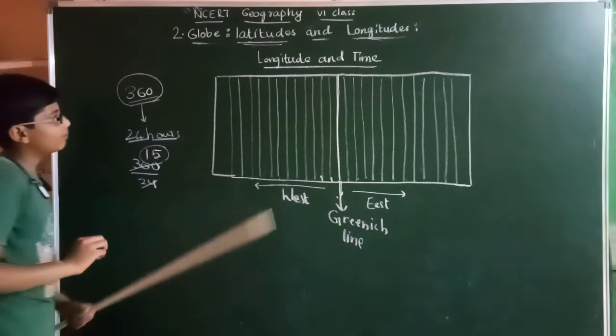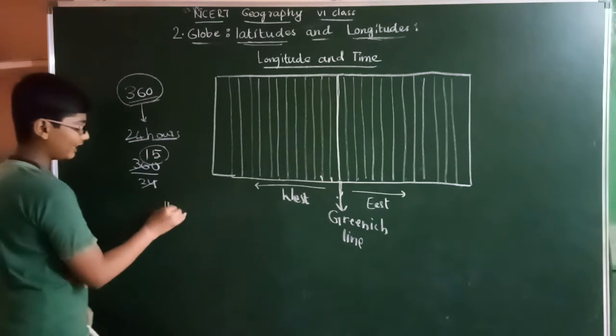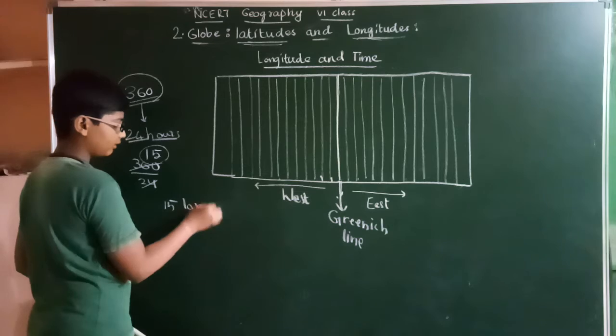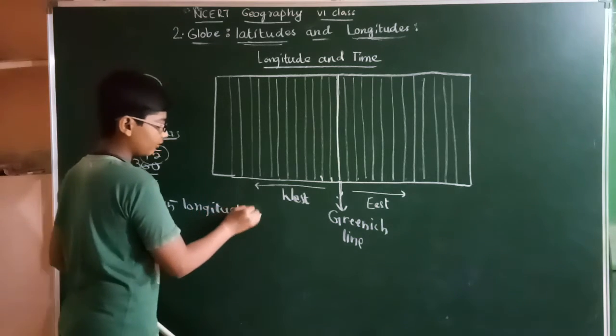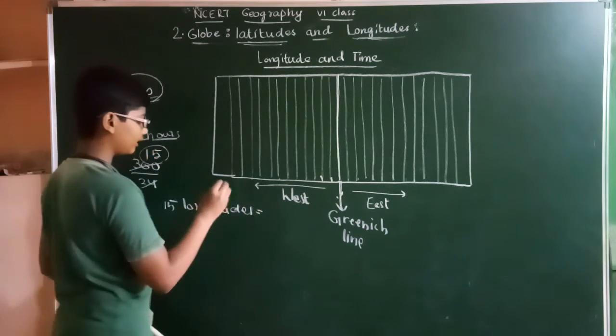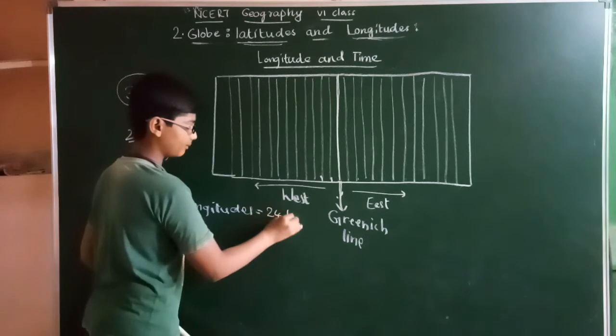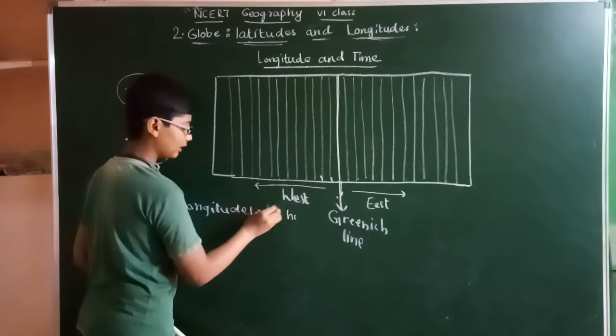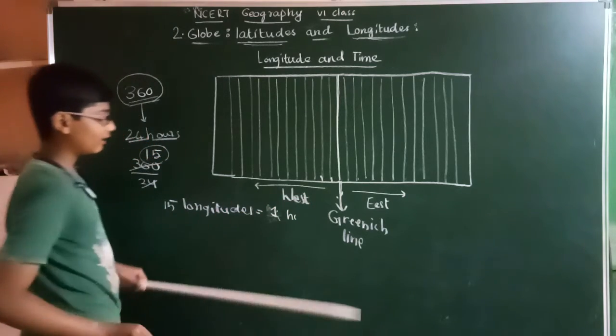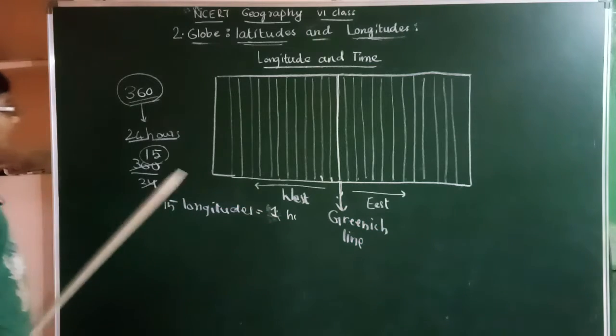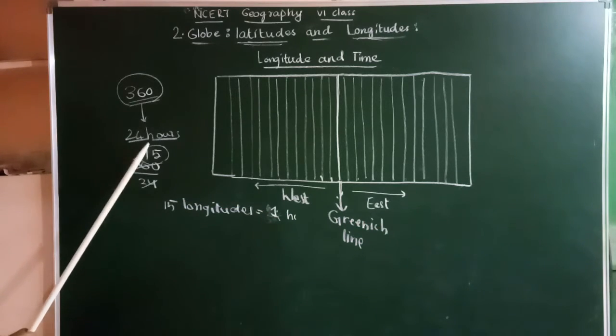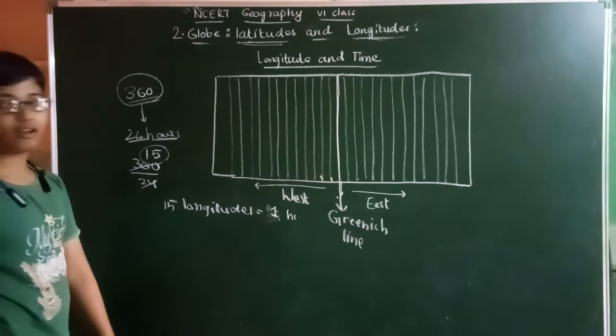That means 15 longitudes will represent 1 hour, and 24 hours will be represented by 360 longitudes.